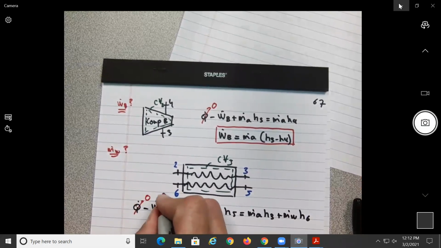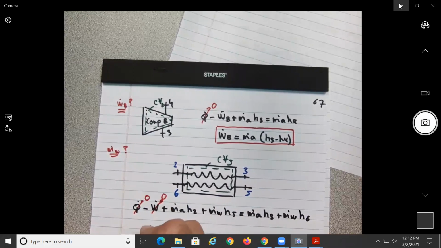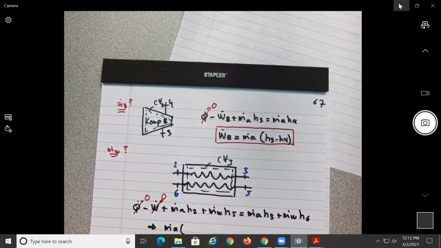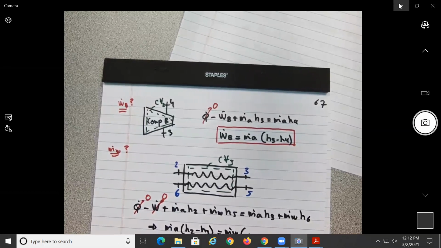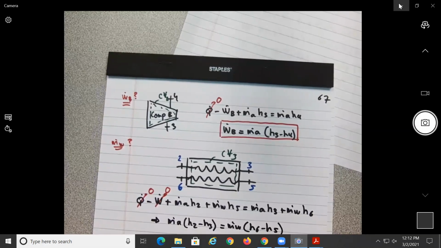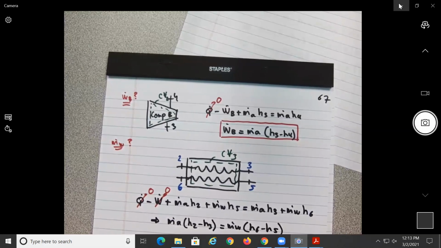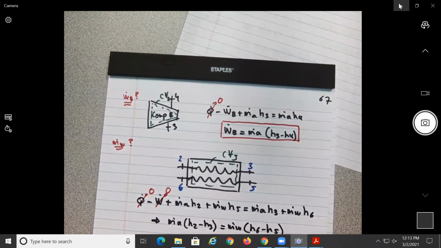No heat transfer, no power. So mass flow of air, H2 minus H3, equals mass flow of water, H6 minus H5. The mass flow of water is equal to mass flow of air, H2 minus H3, divided by H6 minus H5.